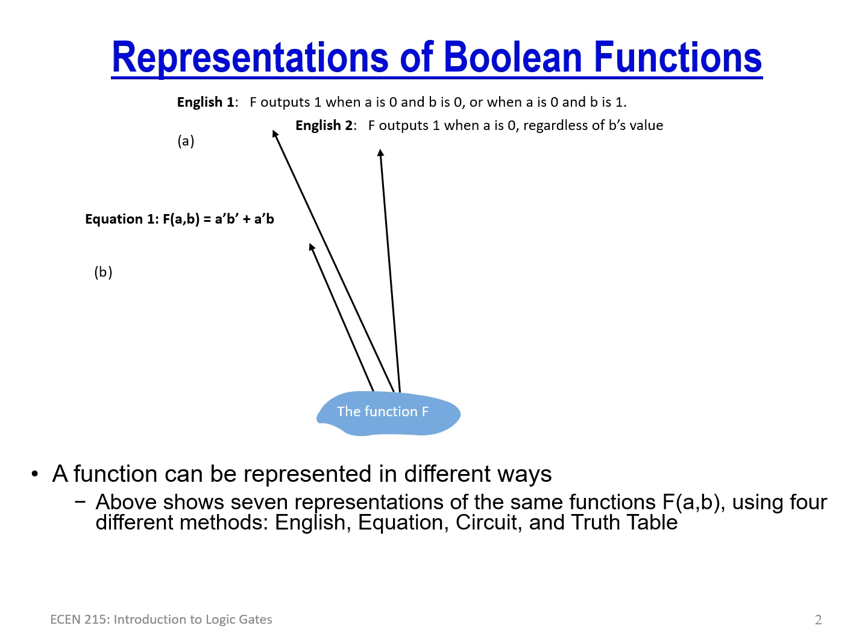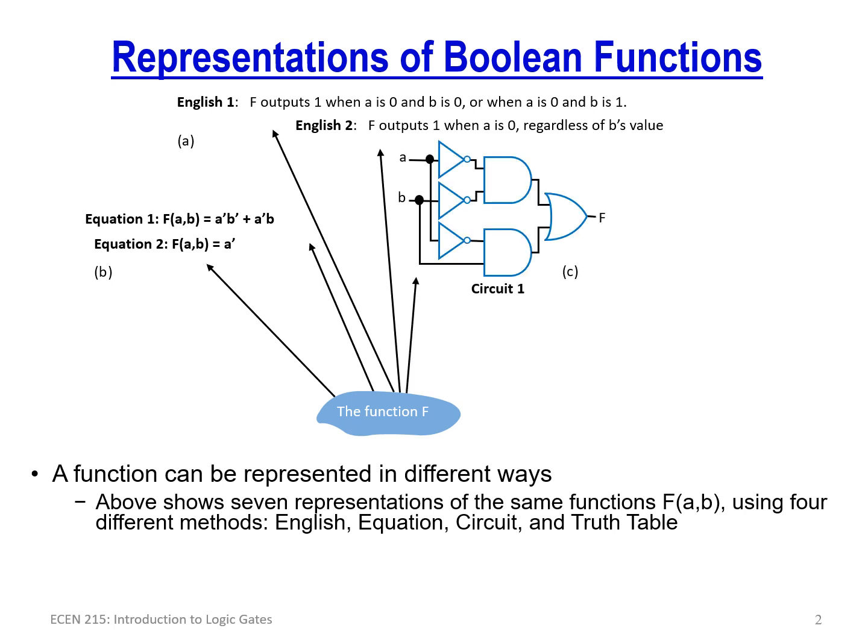We can also represent this as an equation, F with A and B as variables, and as A prime B prime, or A prime B, or just equation 2 here, using the English phrase 2, just A not, or A prime. Then we can also reduce this into a circuit of what is going to be known as logic gates that actually implement the function. And that's what we're going to be focusing on in this topic.